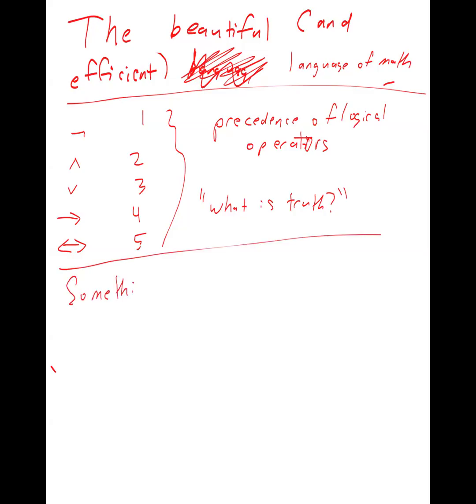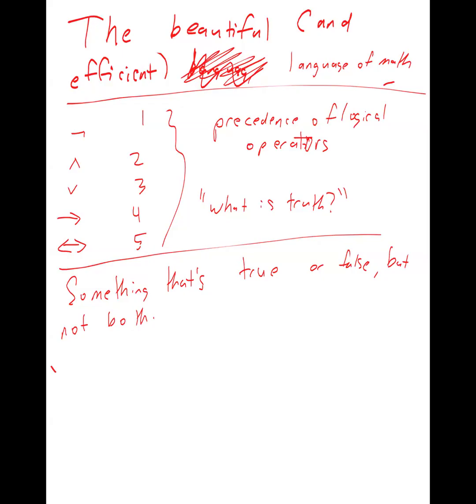The only things that can be logically studied or analyzed are things that are true or false, but not both. There's several words for it. When I was learning this, they called it a statement.